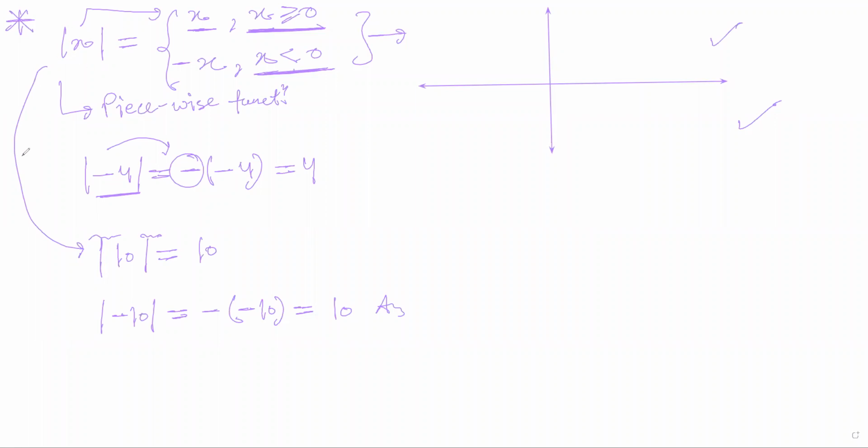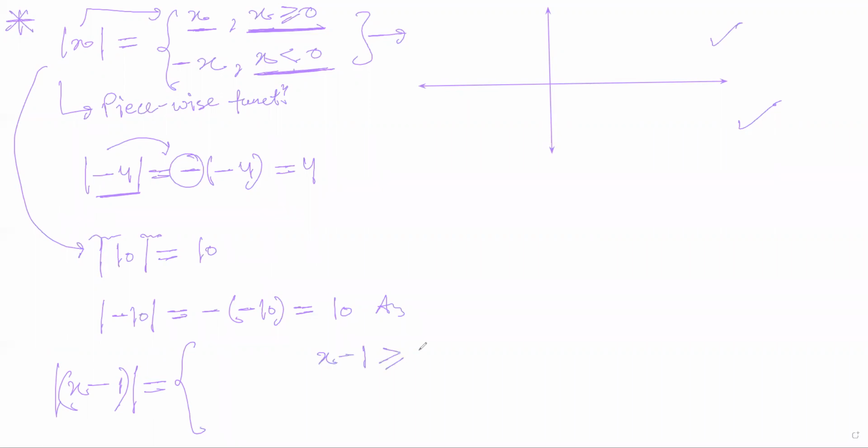So modulus always depends on the function inside it. So let's say I write mod of x -1. Before the graph, let me try to explain this as well. If I want to open up mod x -1, what should I do? The concept is simple. The value inside the modulus is x -1.